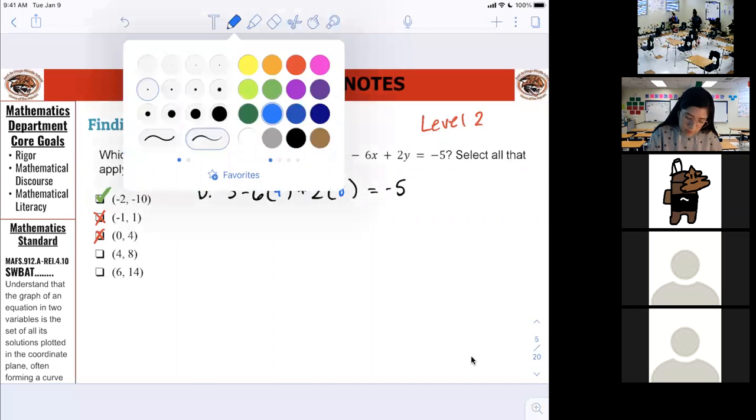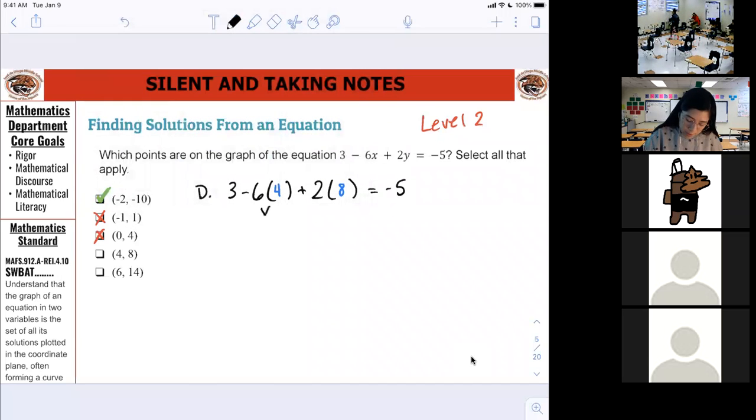Awesome. All right, my math here. What do I write in the next step? Minus 24 and then plus 16 equals -5.